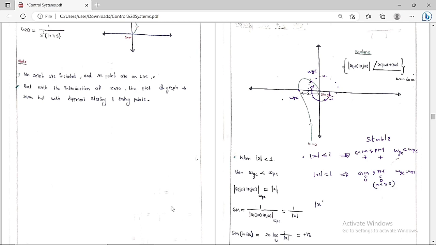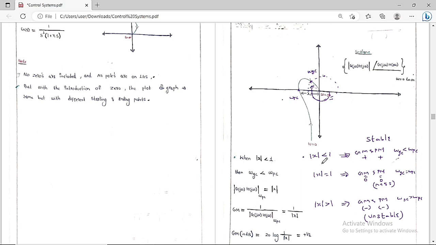Suppose mod X is greater than 1, then the gain margin and the phase margin both are negative, omega GC is greater than omega PC, and the system is said to be an unstable system. This is the summary. Just by seeing the polar plot, we can comment whether a given system is stable, marginally stable, or unstable.